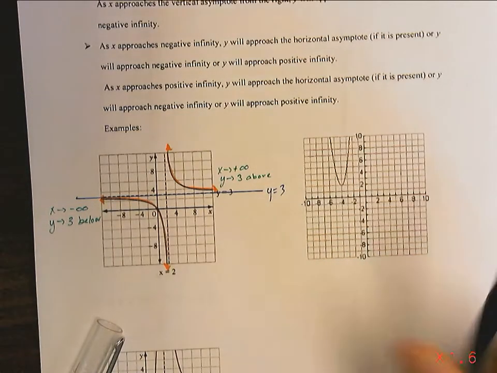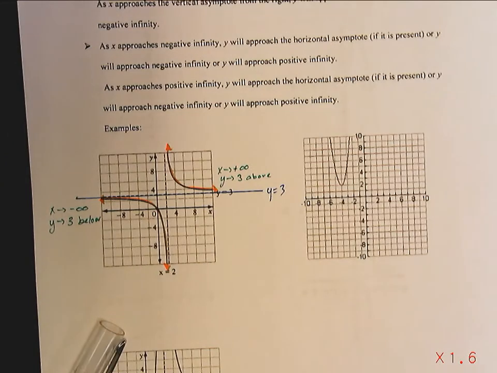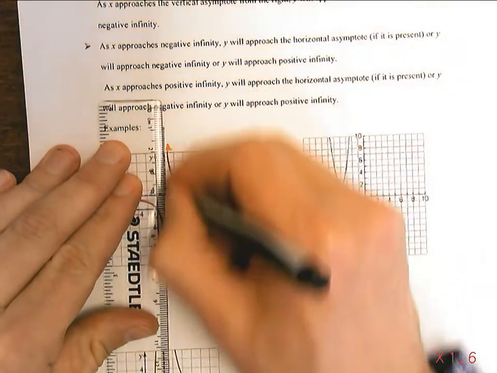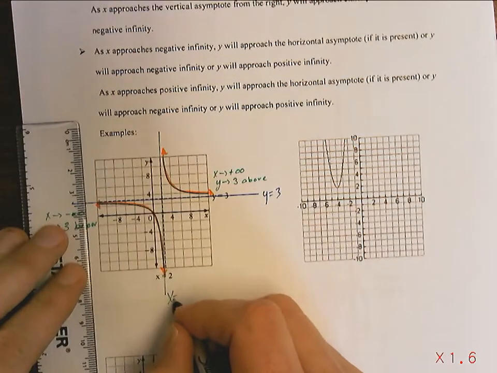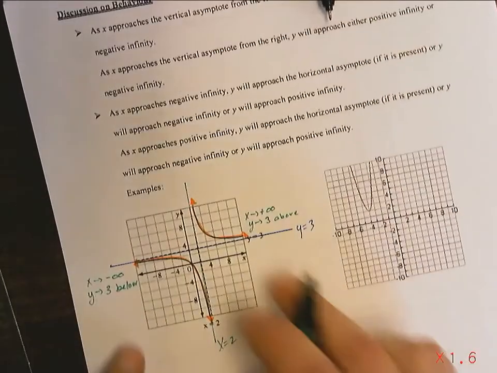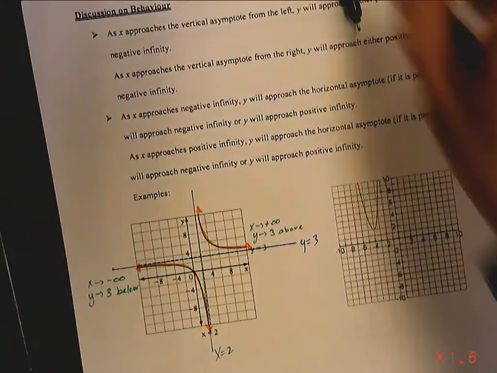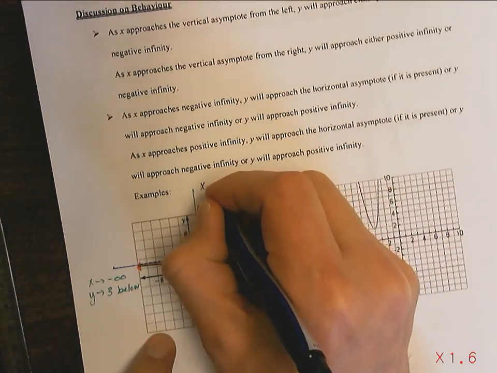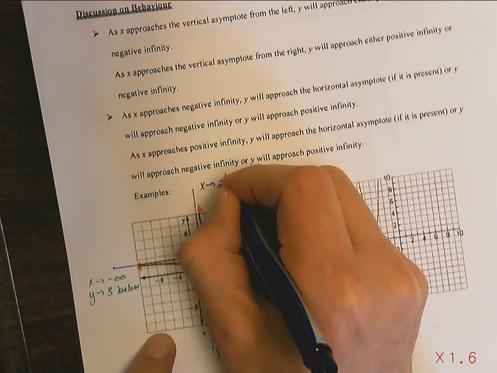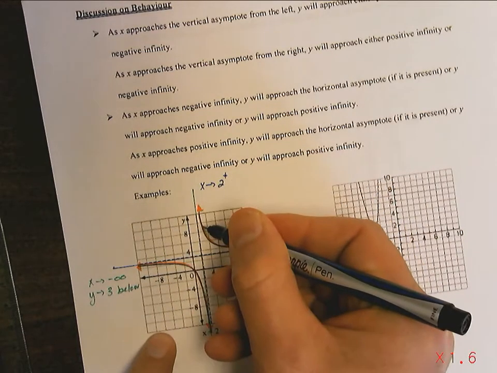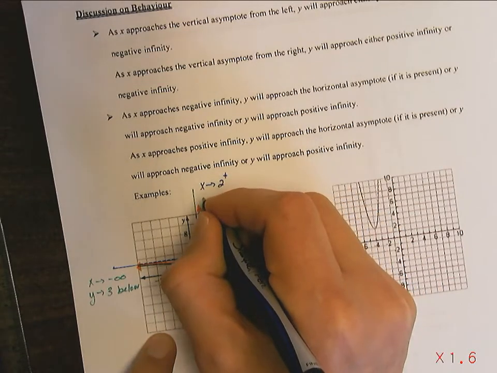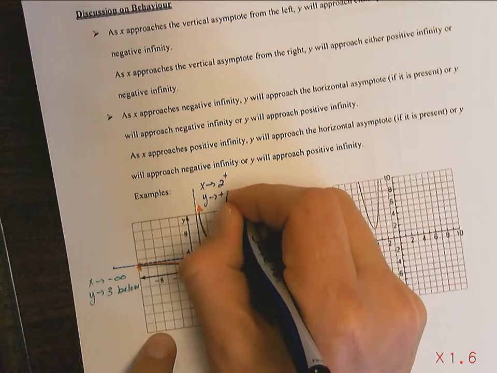Now, if you take a look at the vertical asymptote, it is here, and it's at x equals 2. So if we want to talk about the behavior as we approach that, perhaps using a different color, I would say as x approaches 2 from the right, so I'm on the right-hand side of 2, in other words, I'm getting values that are larger than 2, y is approaching positive infinity.